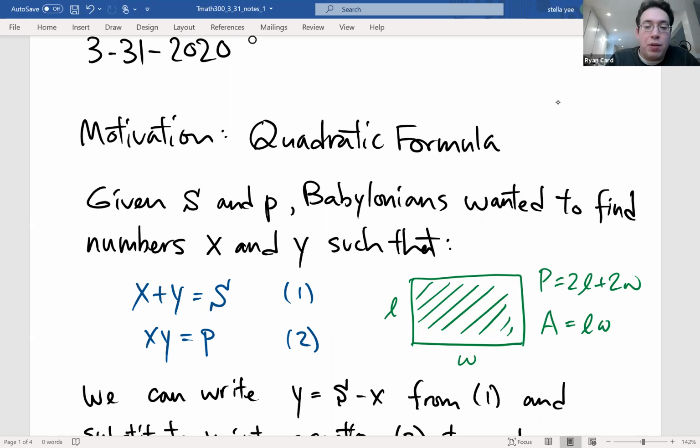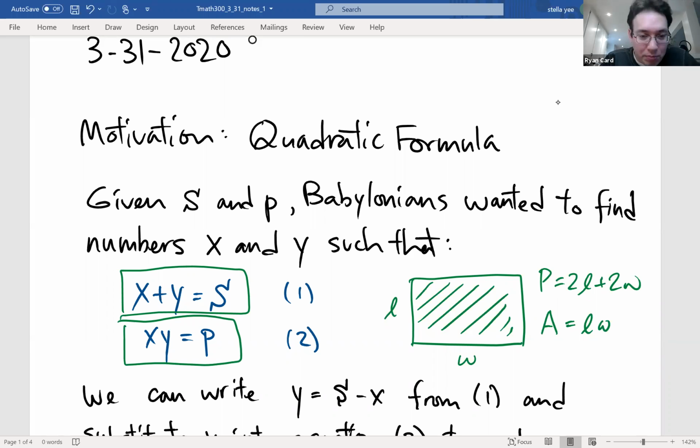So if I give you the perimeter, that's really the same as knowing what the sum of L plus W is equal to. So let's say we're given the sum of two numbers, L and W, or X and Y: X plus Y is equal to the sum S, and X times Y is P, for product, S for sum.